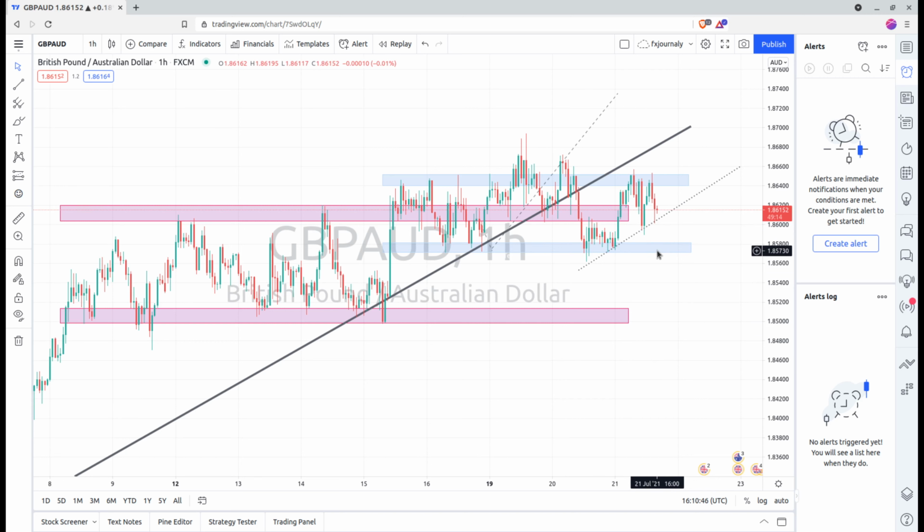I have it set up where if that happens, I should be close to another 1,000 in profit for day 7. If that doesn't happen, then my stop loss gets hit, and I'd be at minus 1,000. But we'll see what happens.